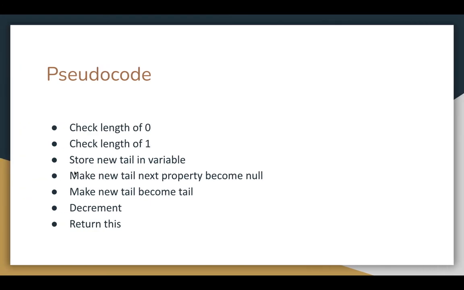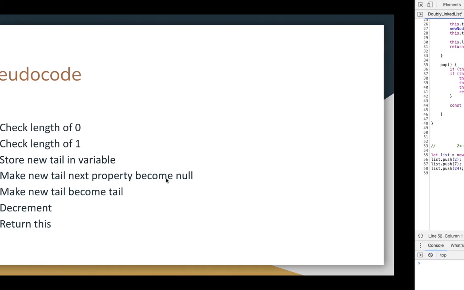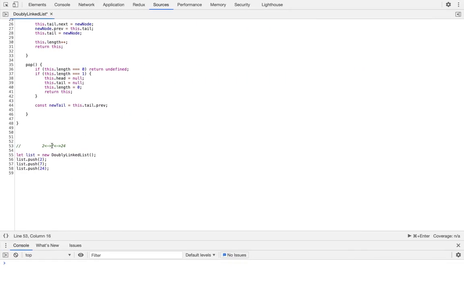Well, next we want to make the new tail's next property become null. Now that the new tail is this here, we want to make sure that its pointer pointing to the right, or to the next, becomes null, or cuts off or severs that pointer pointing to 24. So the way we're going to do that is newTail dot next equals null.